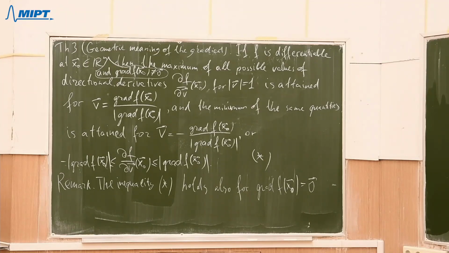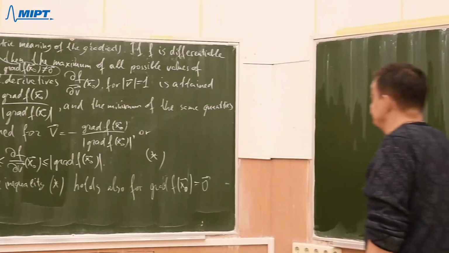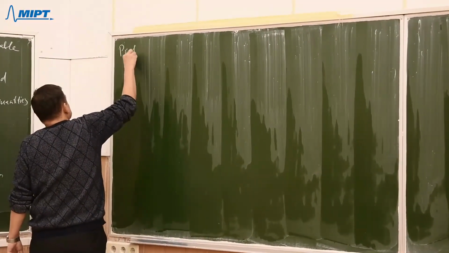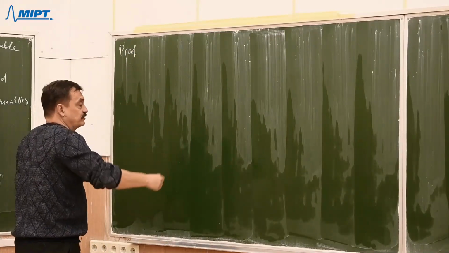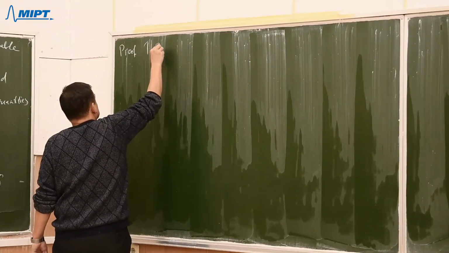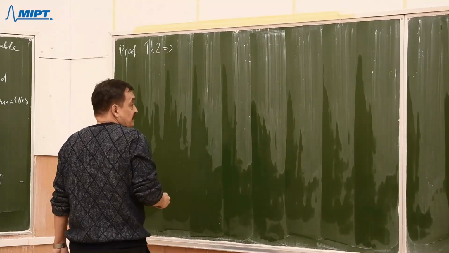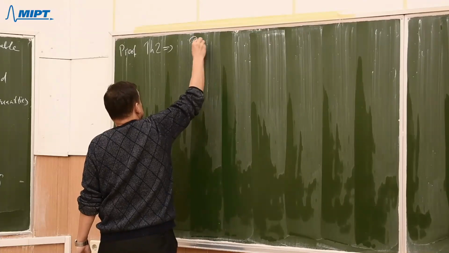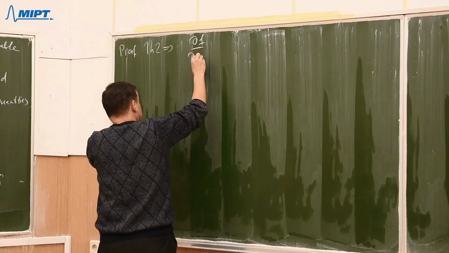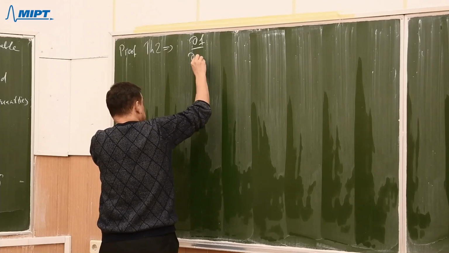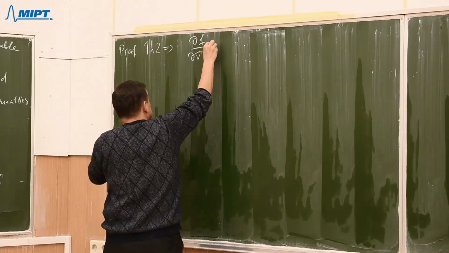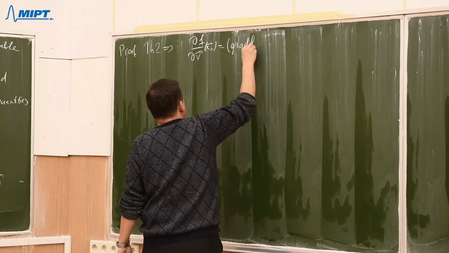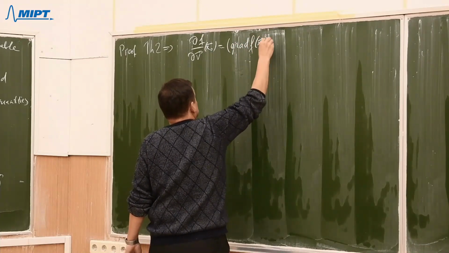So, proof. The proof is very easy. I refer to theorem 2. It implies that the directional derivative is equal to the scalar product of gradient times v.